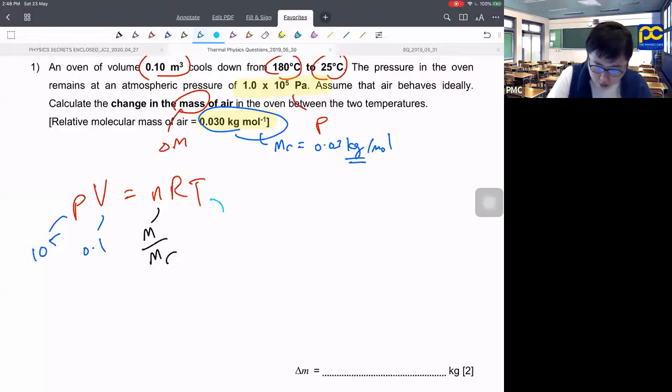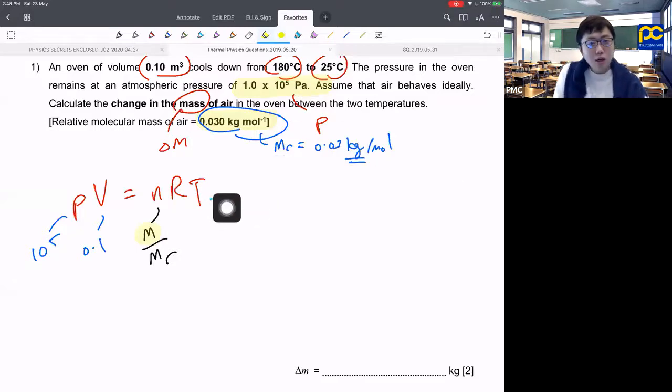You want to find the difference in the mass. Do you think you can just sub in the difference in the temperature? And then you think you sub in delta T here, you can find delta M? Is that the way you do it?